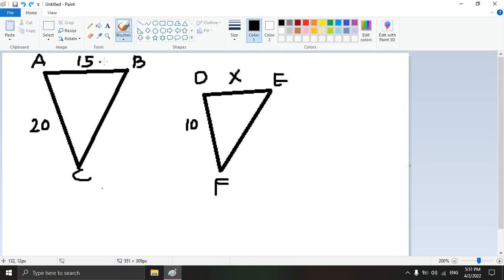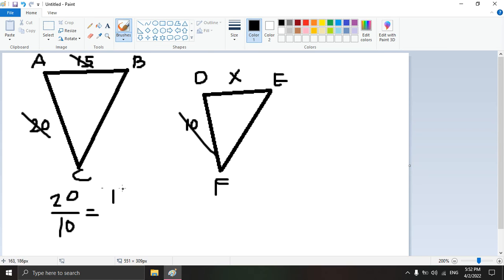The pattern is the same, we make a ratio comparing the sides of the first triangle to the sides of the second triangle. So here you start with 20 and 10, so it can be 20 over 10 equals, so first 15, you do not start with x because it is first over second.